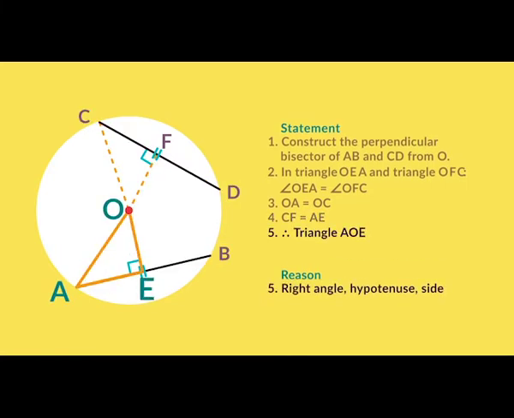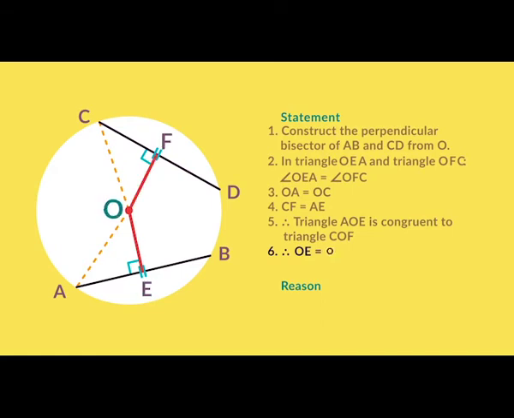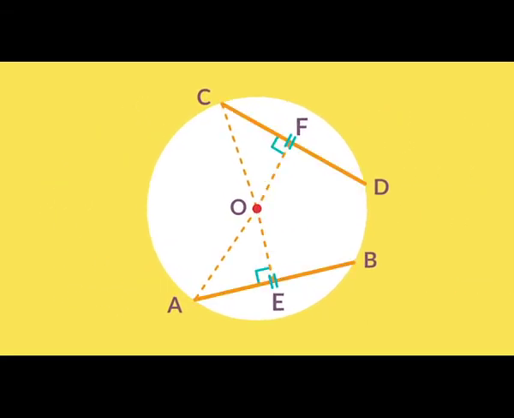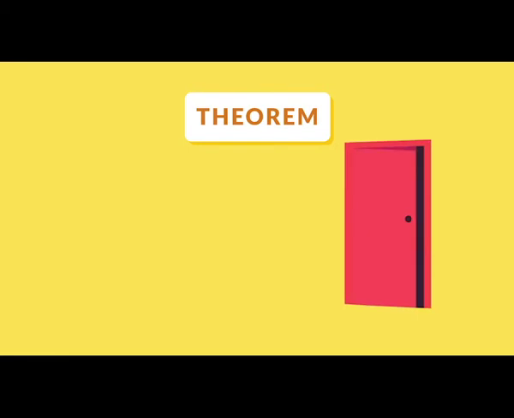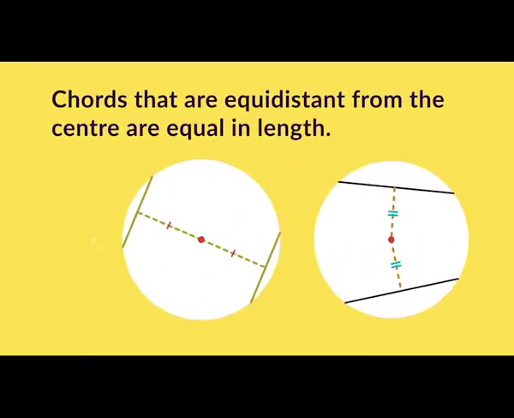Therefore, triangle AOE is congruent to triangle COF. So OE is equal to OF, which means that the chords have the same perpendicular distance from the center. And the converse of this theorem is chords that are equidistant from the center are equal in length.